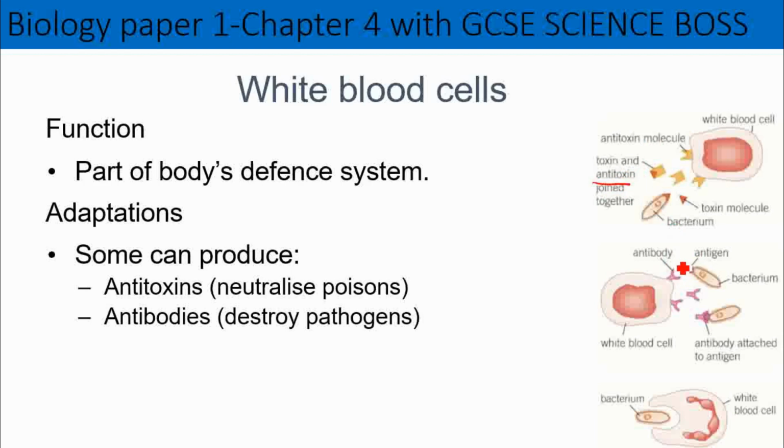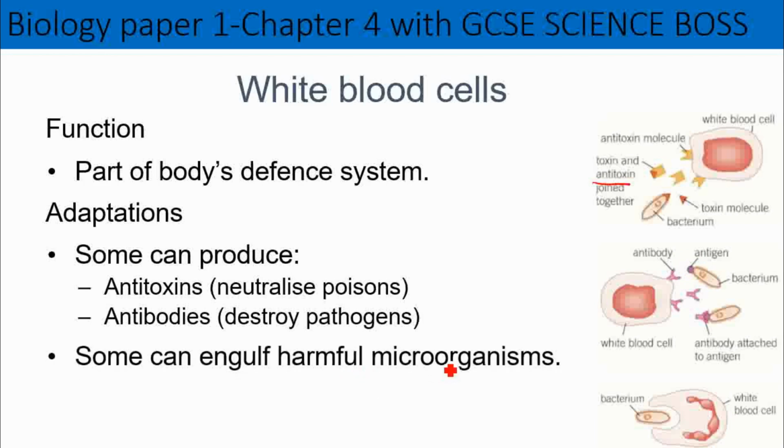That's going to be discussed in a later chapter. And then you also have some which can engulf harmful microorganisms in a process known as phagocytosis. But as I said to you before, this is going to be discussed in a later chapter, chapter 6, rather. I said chapter 5, chapter 6, okay?